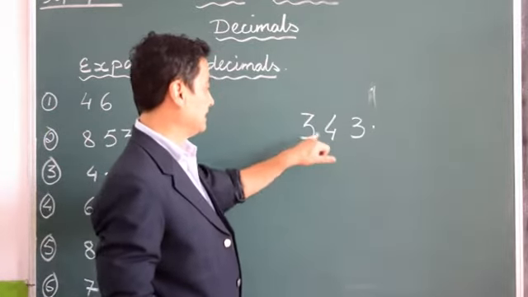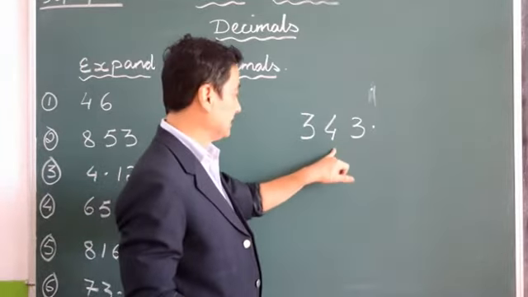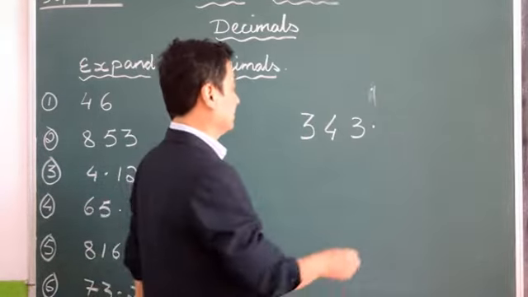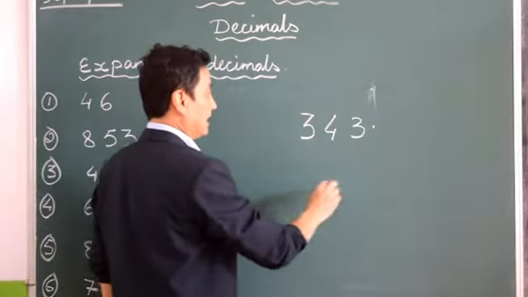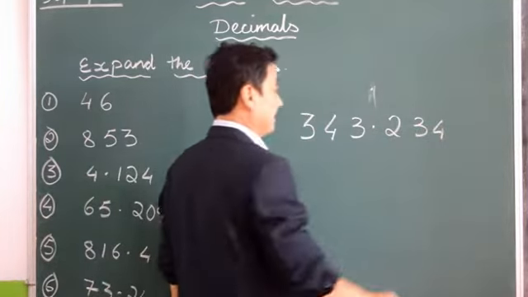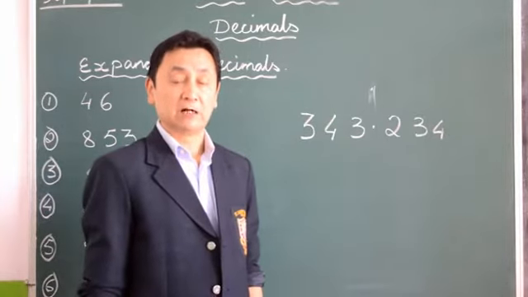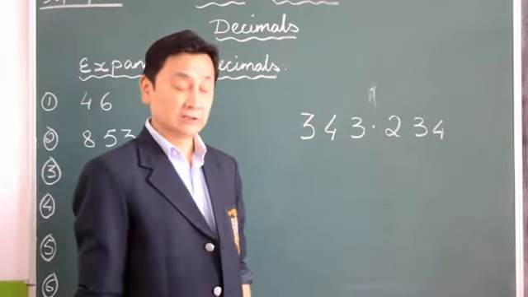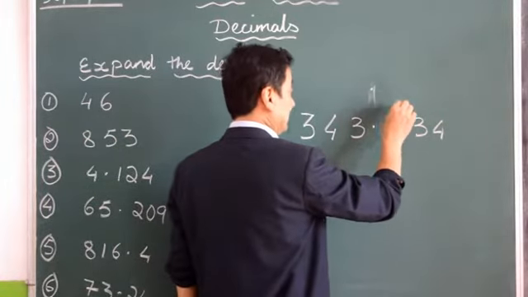Ones, tens, hundreds. So we have 3 ones, 4 tens and 3 hundreds. Now after the decimal point, we can write it as a fraction or we can write it in decimals. But I think fractions is easier. So this 2 is in tens place.